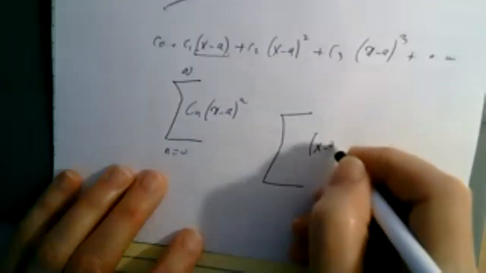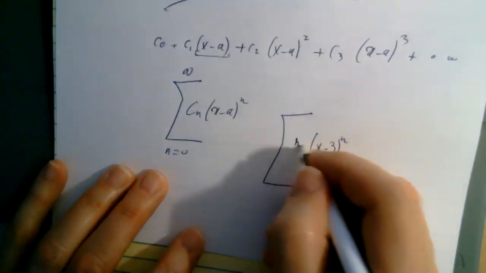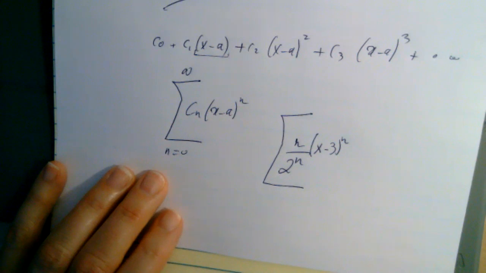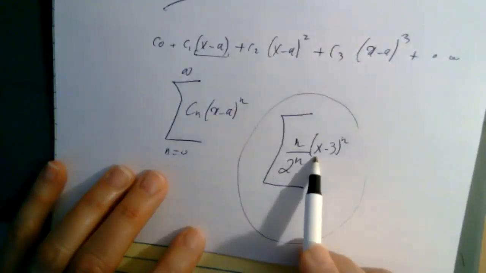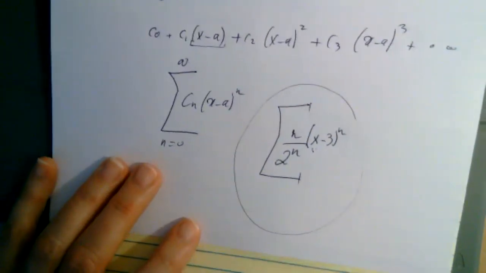Instead of x, I have x minus 3 to the n, and here I have a bunch of coefficients. It doesn't really matter. This is an example of a power series in x minus 3. And the question again, which x's can I put in here that would guarantee that this series will converge?